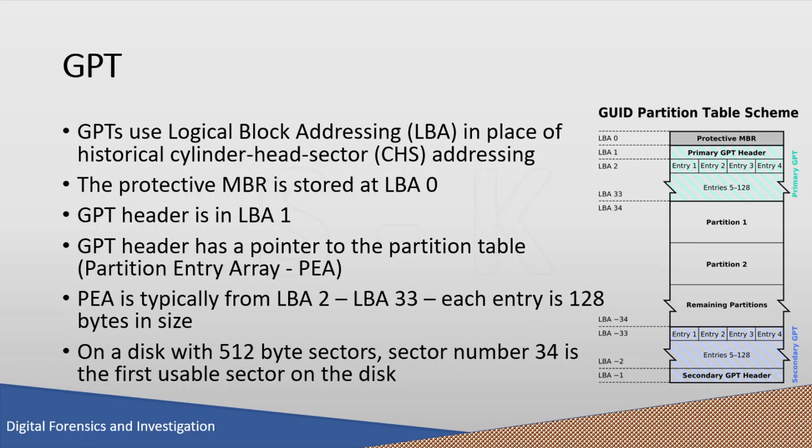A 64-bit Windows operating system uses 16,384 bytes, or 32 sectors, for the GPT partition table. The first partition on the hard drive starts at LBA 34.